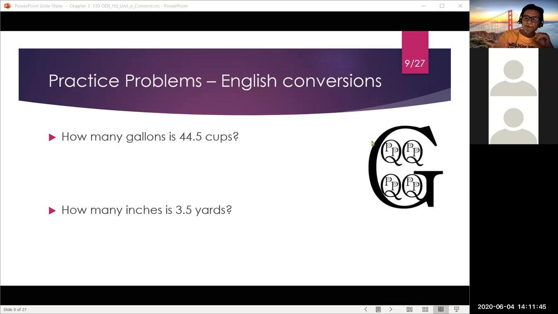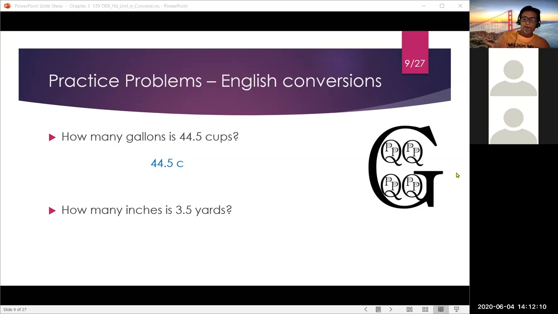In this example, they're asking you the question, how many gallons is 44.5 cups? So I write down what I start off with, what I'm given. I got cups, and I need to get to gallons.